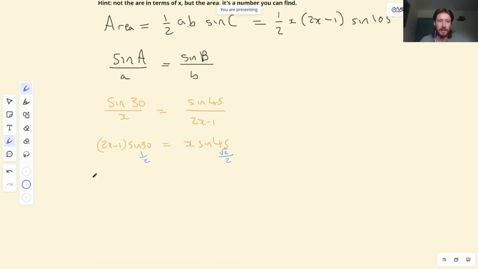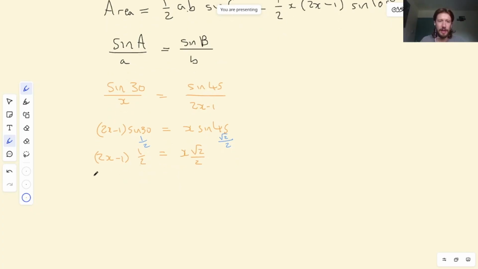And so we can simplify it. So 2x minus 1 times a half equals x times root 2 over 2. Now expanding, x minus a half equals root 2 over 2 x.